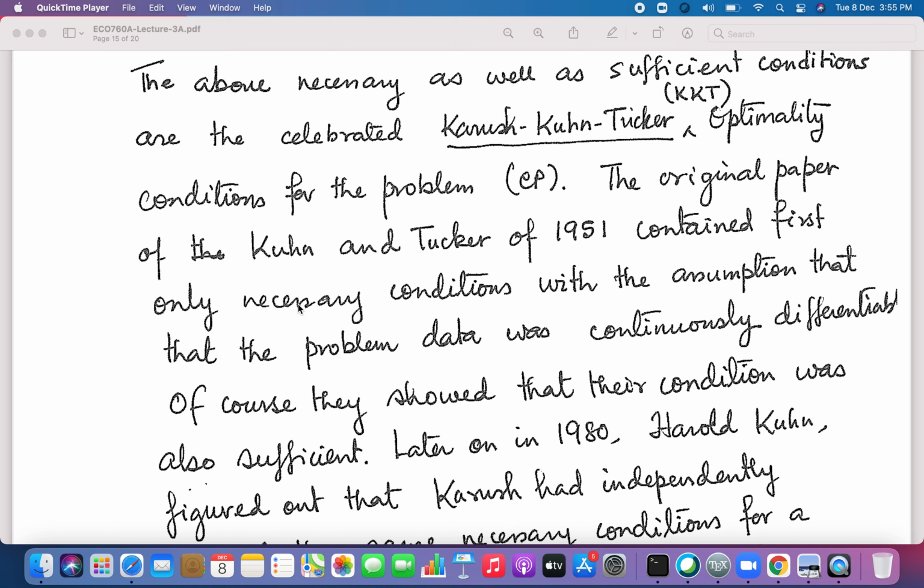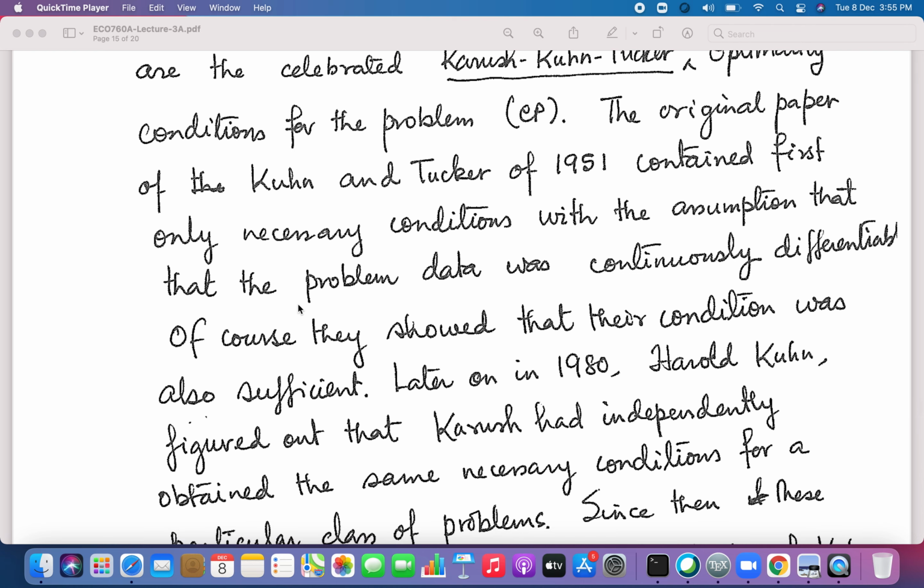Later, in 1980, Harold Kuhn was reading a book called Advanced Mathematical Economics by some Japanese author, I forget his name, and there he discovered a note on Karush. Karush had done some work on these conditions, but for a very particular class of problems, with differential expressions as inequality side conditions.